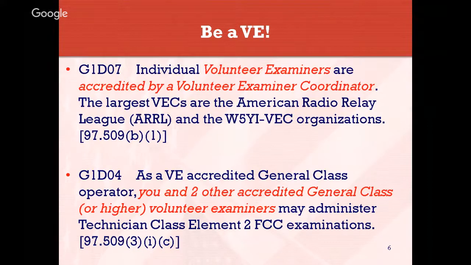But because you are not an extra class, you're only allowed to administer the technician class Element 2 exam. If any of those tech class licensees pass their Element 2 exam and want to try for the general class, they cannot do that unless you have at least three extra class licensees. You do not qualify to do the general class if that happens.